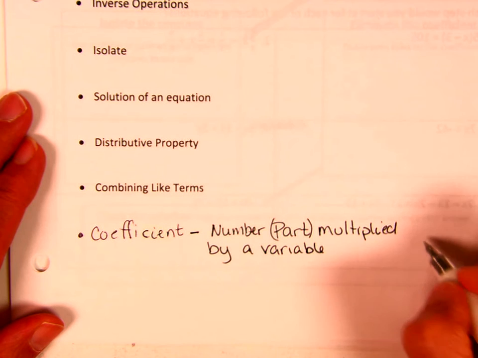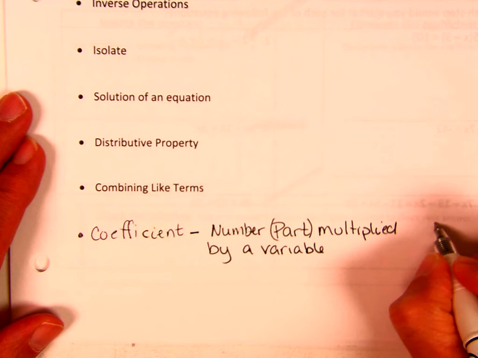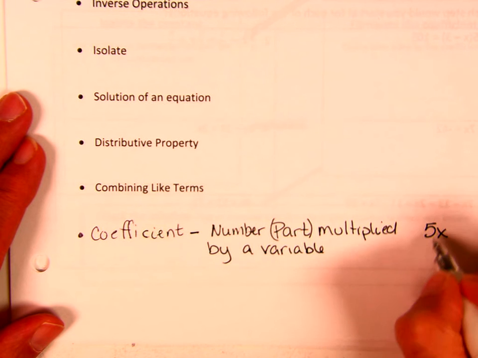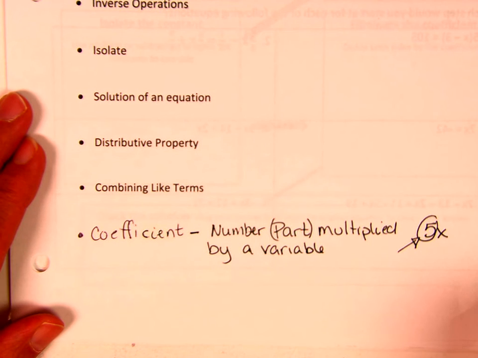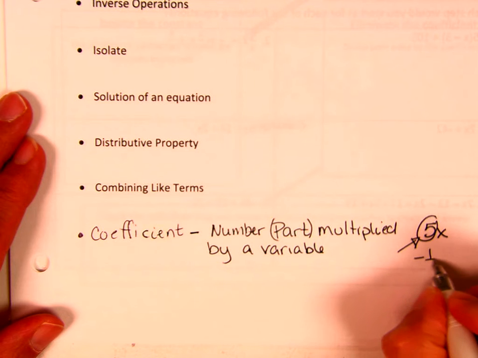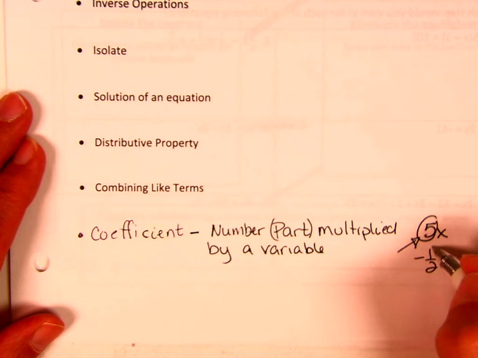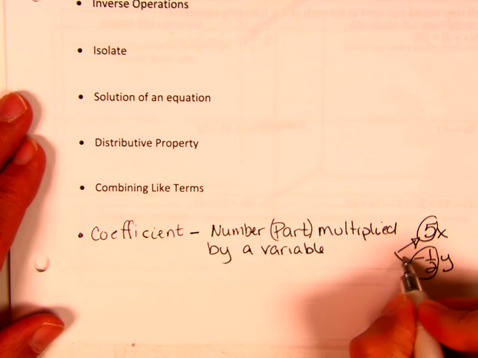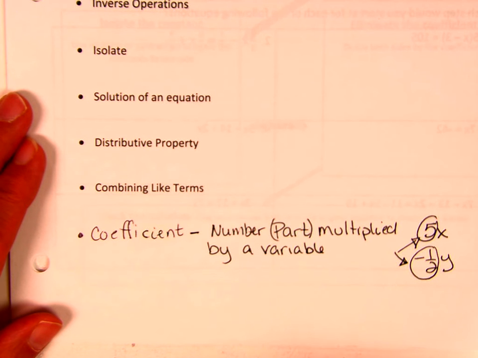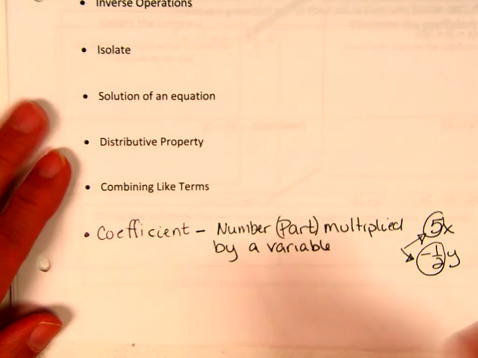For example, in the term 5x, the coefficient is the 5. If you have -1/2 y, the coefficient is the -1/2. So these are both coefficients. Sometimes when you see a number, it's not considered a constant. It's considered a coefficient. All right.